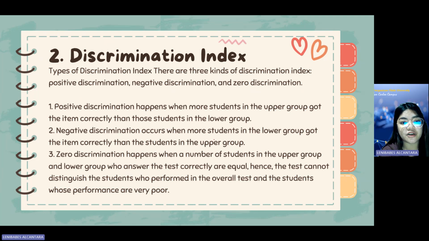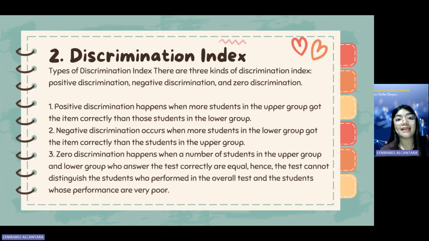Ano yung positive discrimination? Since na-classify natin yung mga estudyante na may matataas na scores at nakikita sila sa upper group at yung mga mabababa ang scores na nasa lower group, if mas marami ang nakakuha ng tamang sagot sa item na yon sa upper group, it's called positive discrimination. Okay?